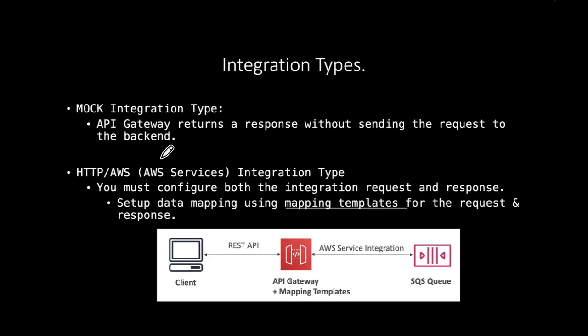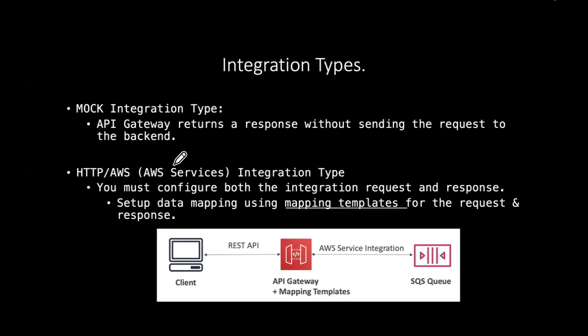But it'll be fairly obvious which of the integration types it is. So anyway, there's an integration type which some documentation refers to as the AWS services integration type for your web API. It's also referred to as HTTP/AWS, but let's use this one here.